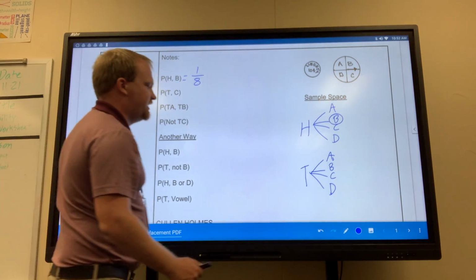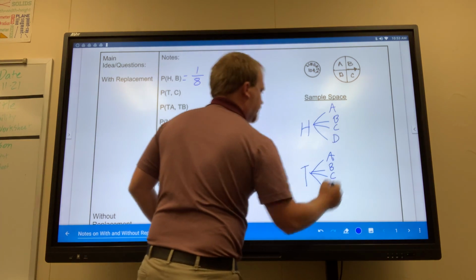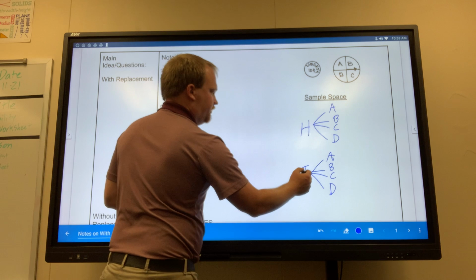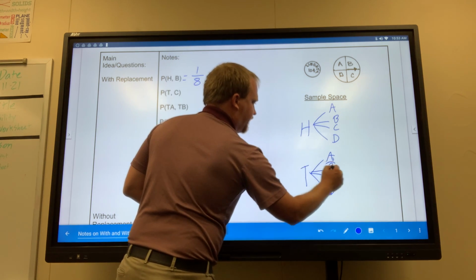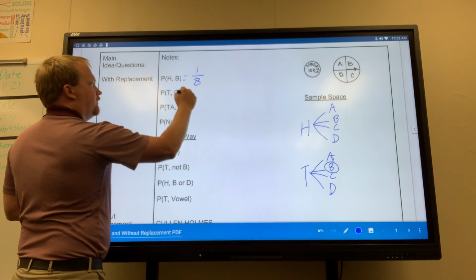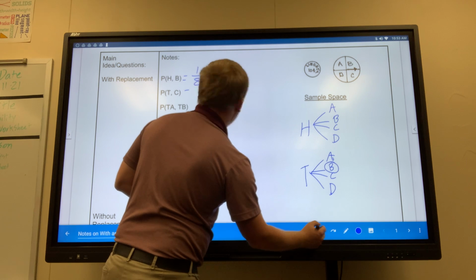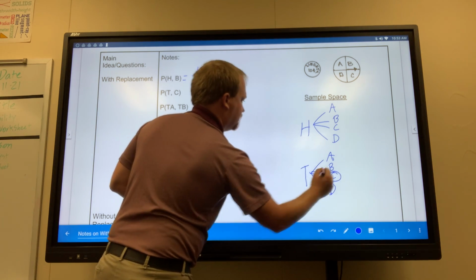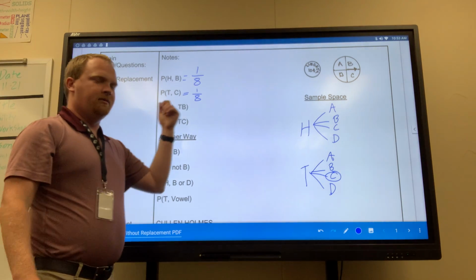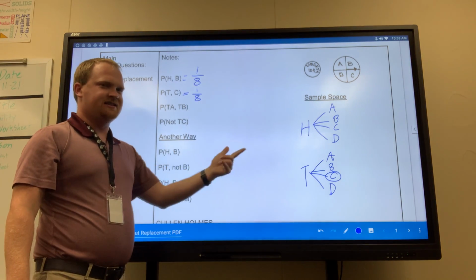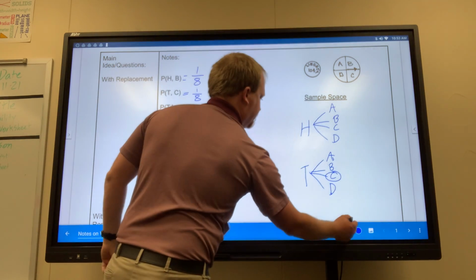Now if I want to get a tails and a C, again, there's only one tail and there's one C that comes after the tail. So again, it's just 1/8. After I get a tail and I get a C, there's only one chance for me to get it out of 8.